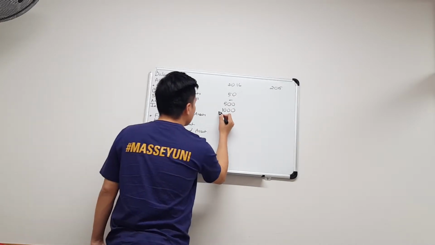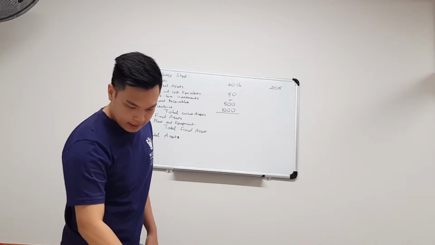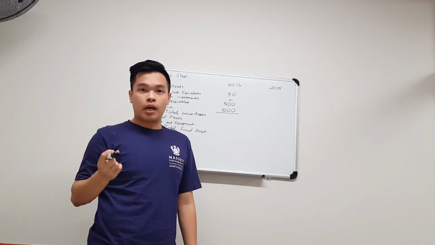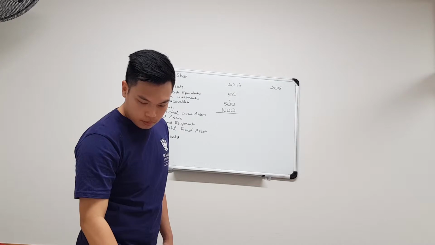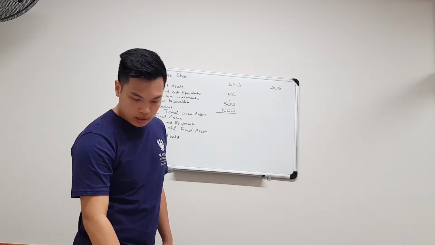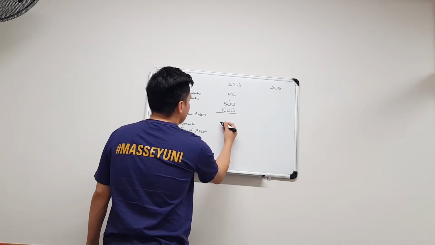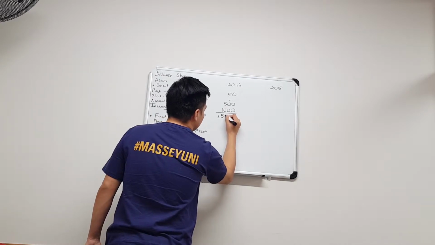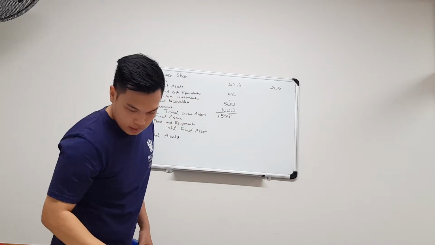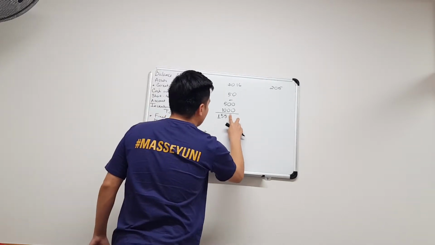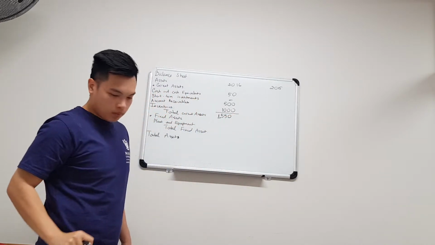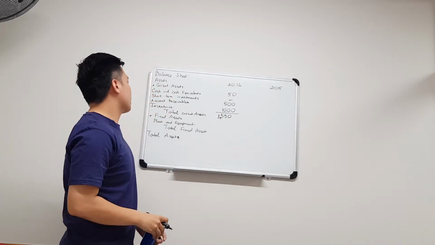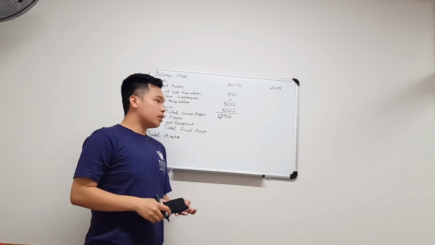And we have total current assets: cash and cash equivalent 50.